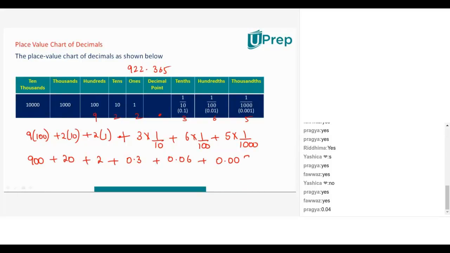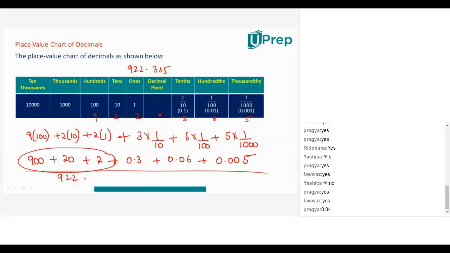Now, what am I trying to explain over here? You'll learn addition, subtraction, division, multiplication of decimals in the subsequent sessions. But let's get an idea about it right away, because we're learning this. What happens when I add all of this? Simple. I add these three, I'm ending up with 922, right? Now, 0.3 plus 0.06 plus 0.005 is nothing else but 0.365.